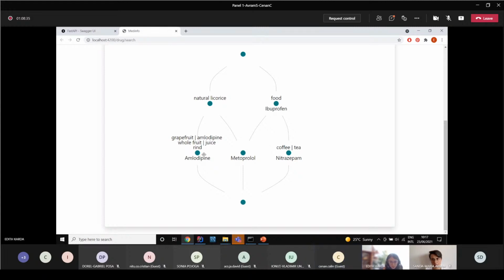And further on, we can see that we have here grapefruit, also whole fruit and juice rand. This is because the descriptions are not structured, and I checked the food interactions for this drug, and there were 3 entries stating basically the same thing, that it had an interaction with grapefruit.